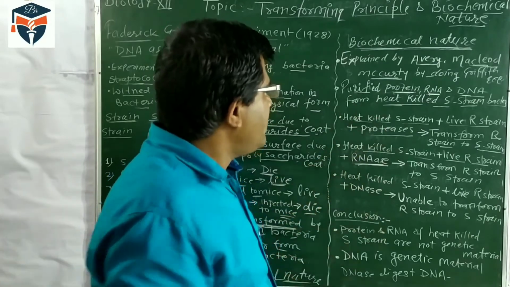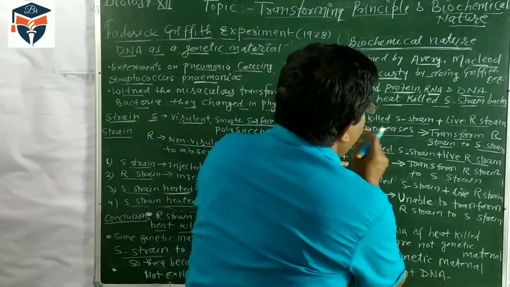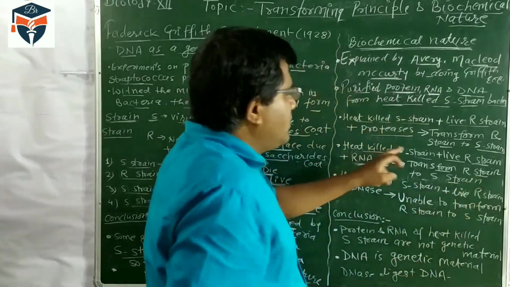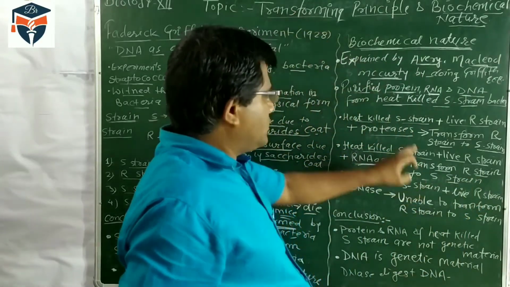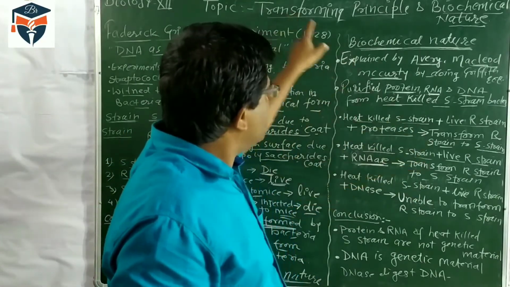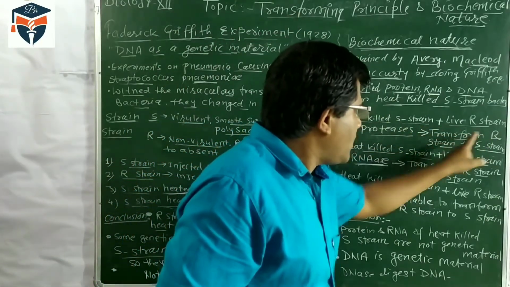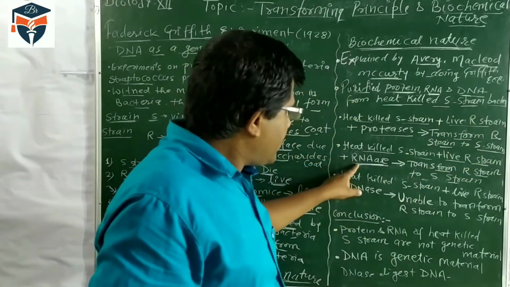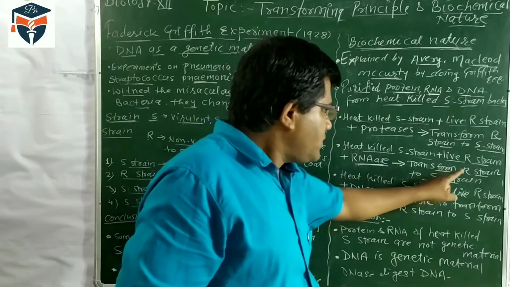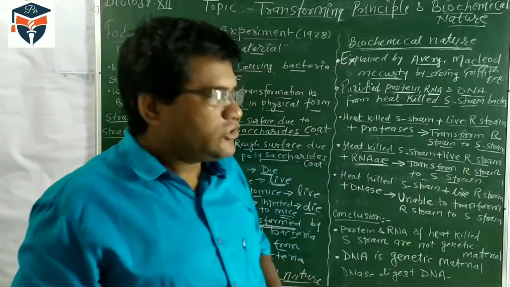When the RNA molecule is also digested, what happens? R still transforms to S. So the transformation is continuing when protease is added, and also continuing when RNase is added.